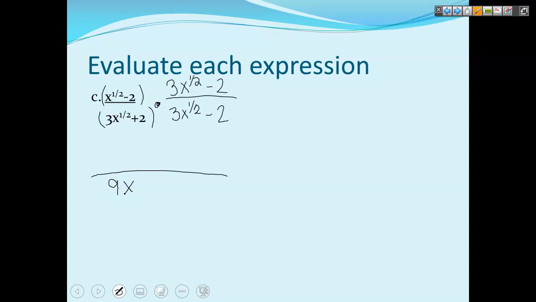The middle terms are going to cancel because they're difference of squares, complex conjugates. 2 times -2 is -4. And then you have to FOIL your top.